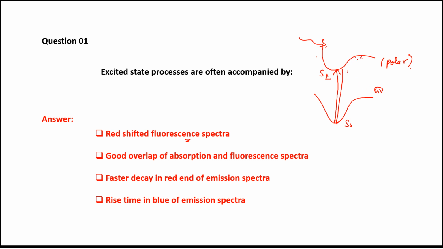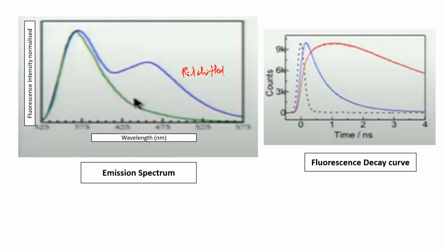Therefore in the excited state there is some emission which is of lower energy and therefore more redshifted. In this example, the axis reads 325, 375, 425, 475, 525 and 575.